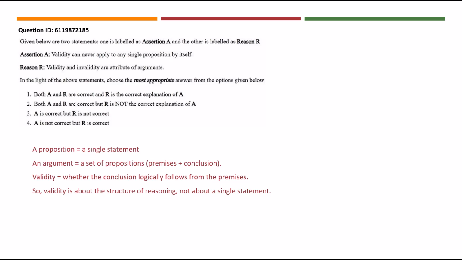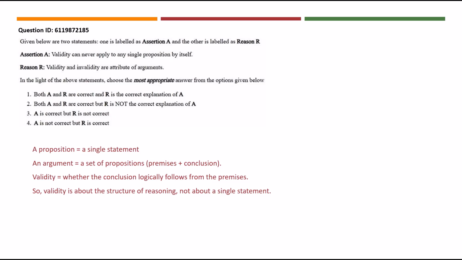If you want to check for validity, there must be at least more than one proposition. Only then you will be able to check whether conclusion logically follows from premises. Whether there is one premise, one conclusion, or two premises and one conclusion, whatever it is, you need more than one proposition. So validity cannot work with a single proposition.